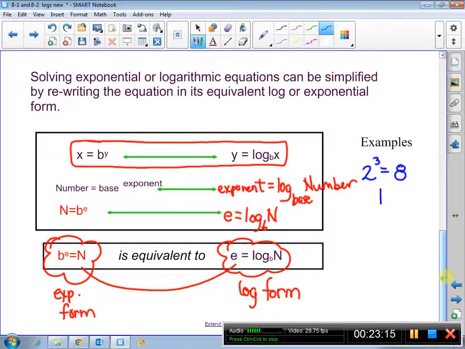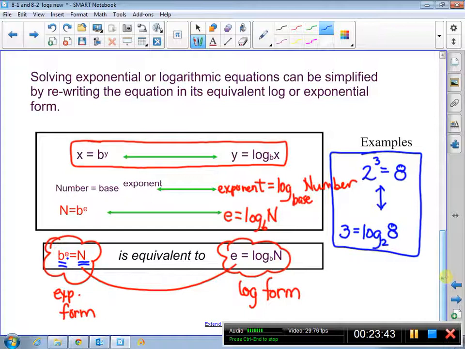So if I wanted to rewrite that in logarithmic form, 2 is my base, 3 is my exponent, and 8 is my number. So putting this in logarithmic form, I'd say my exponent equals the log base 2 of 8.